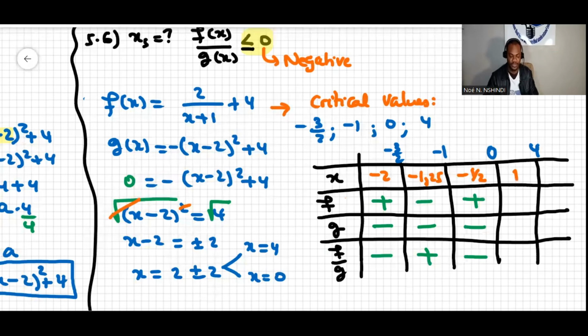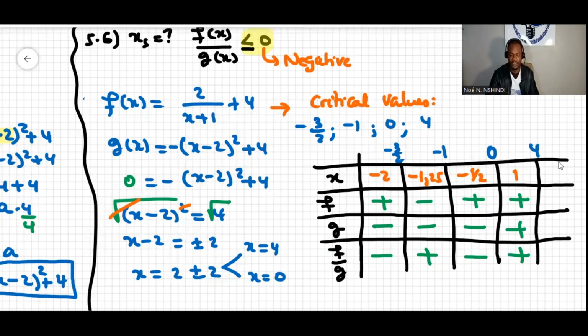If I sub 1 over here on g of x, hold on, it's going to be a positive answer because 1 minus 2 makes -1, to the power of 2 makes +1, but it's a negative sign here, so that makes -1 plus 4, positive. So this is also positive, and positive over positive makes positive.